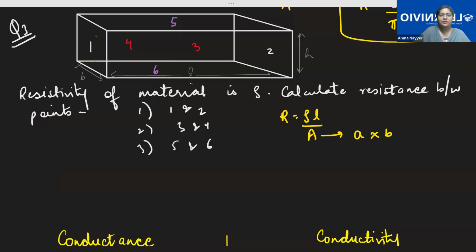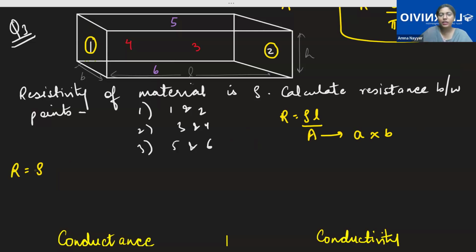Now this is 1 and this is 2. When you have a cuboid, these are the extreme right and the extreme left faces. So how to solve it: R is equal to rho.